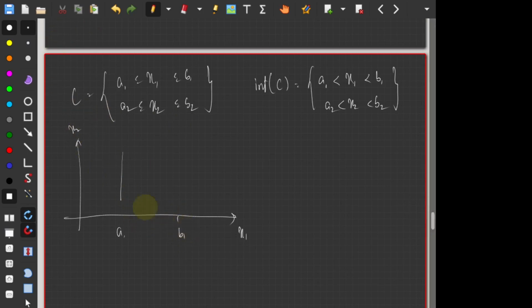This is a1, b1, a2, b2. So the set is basically this particular rectangle, right? This entire rectangle. What is the interior? What is the boundary of this particular set? It is just a union of these line segments. Correct? And how do you represent this? Yeah?